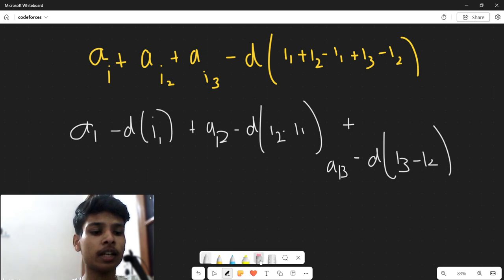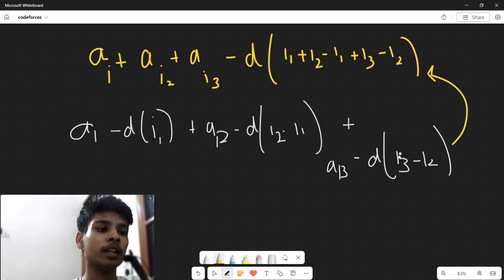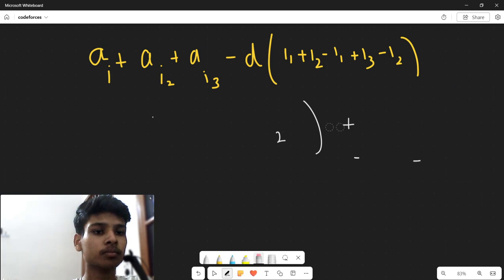Then I have simply rewritten this equation like this because it is one and the same thing. You can see I am simply taking the a values common, then taking the minus d common. It is simply a[i1] plus a[i2] plus a[i3], minus d times (i1 plus i2 minus i1 plus i3 minus i2). I hope this much is clear to you. Next, you can see these all cancel out, because there is i1, so I cut it out, there is i2, so I cut it out.